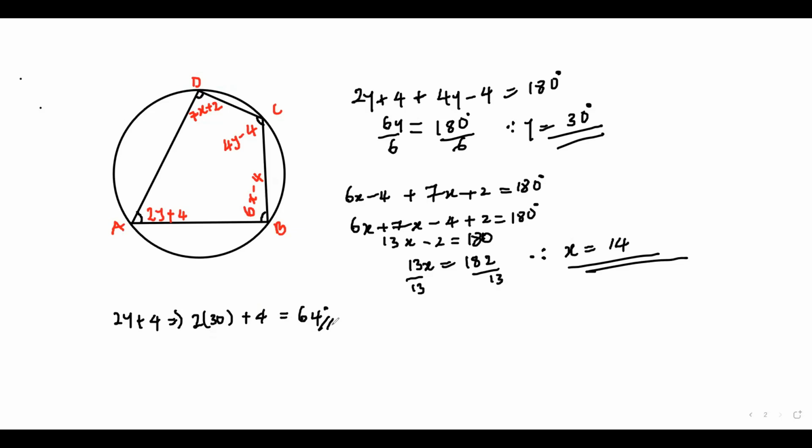And if you do the others, 7x plus 2 implies we have 7 open bracket 14 close bracket plus 2. 7 times 14 gives us 98. 98 plus 2 is exactly 100. So that is how it is.